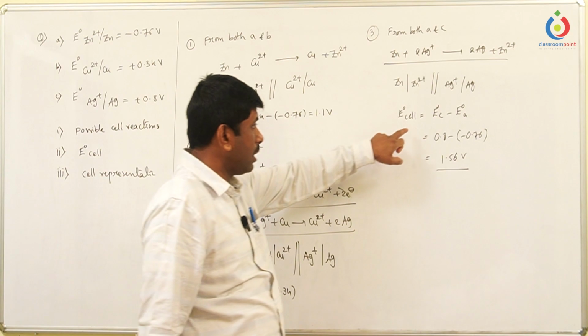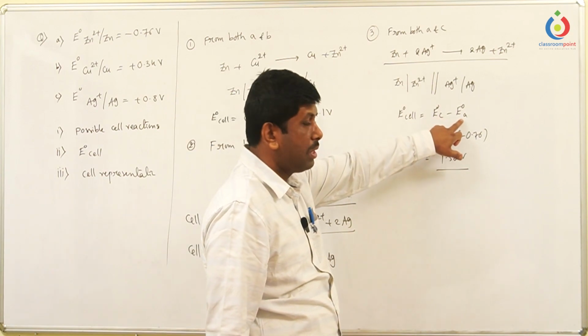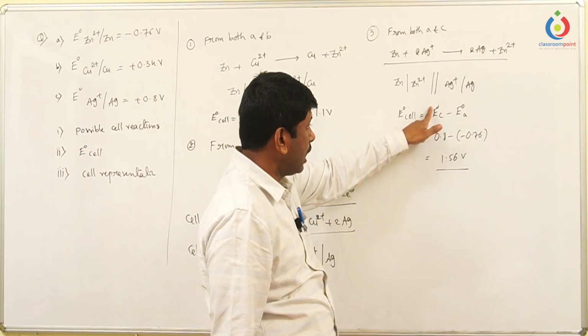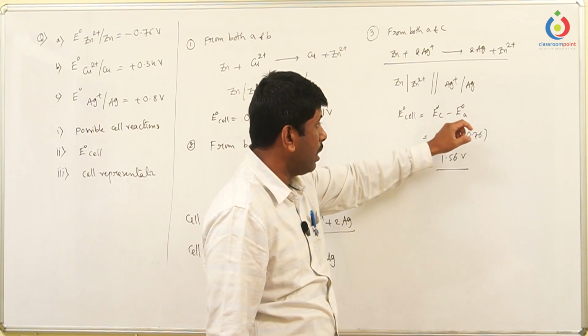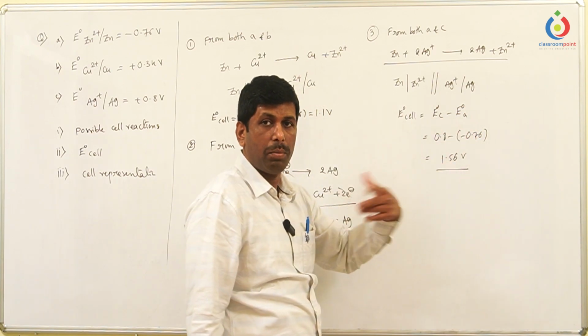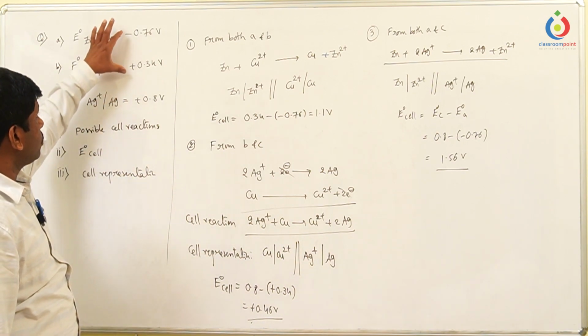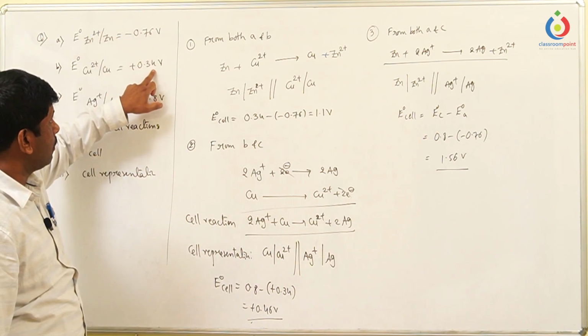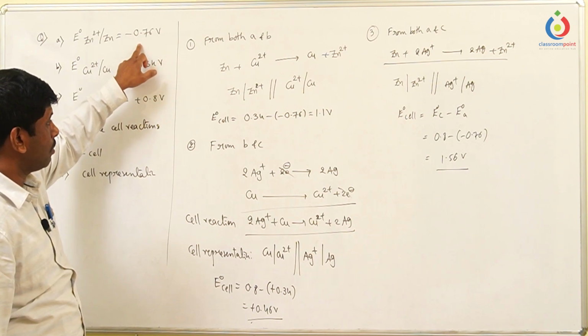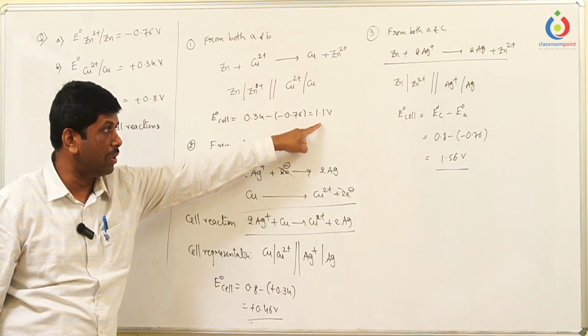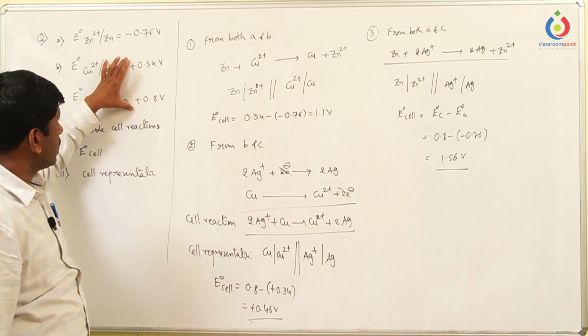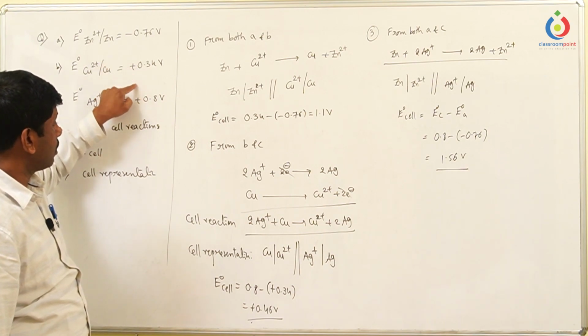E0 cell is nothing but E0 cathode minus E0 anode. The higher the cathode value and the lower the anode value, the higher the E0 cell, so more potential will be generated. Now you can see that in these two cases it is just 0.34 minus (minus 0.76), the value is 1.1. And in these two cases the difference is very small. Why? Because both are positive values.